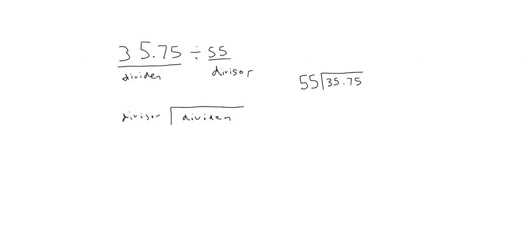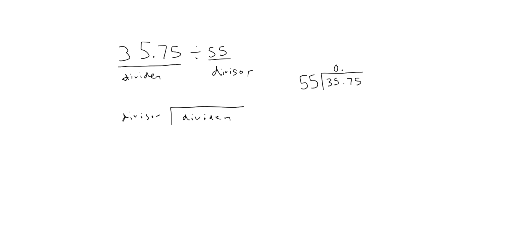When we have something like this, we put the decimal on top and it's going to start off with zero. Whenever the inside number is smaller than the outside number, your quotient, which is your answer, will always start with the number zero and then a point.